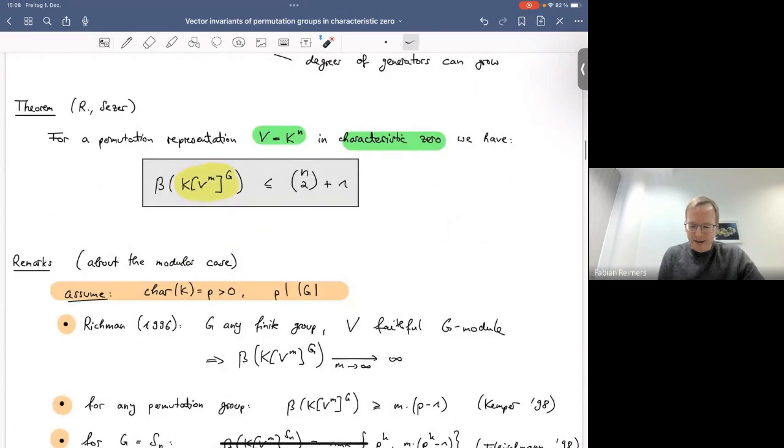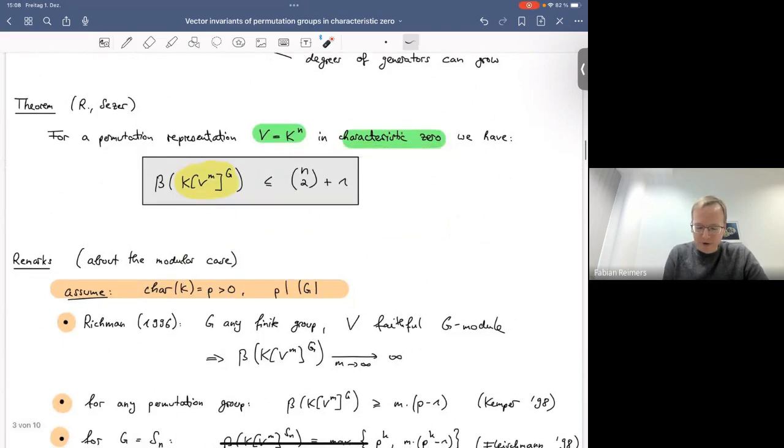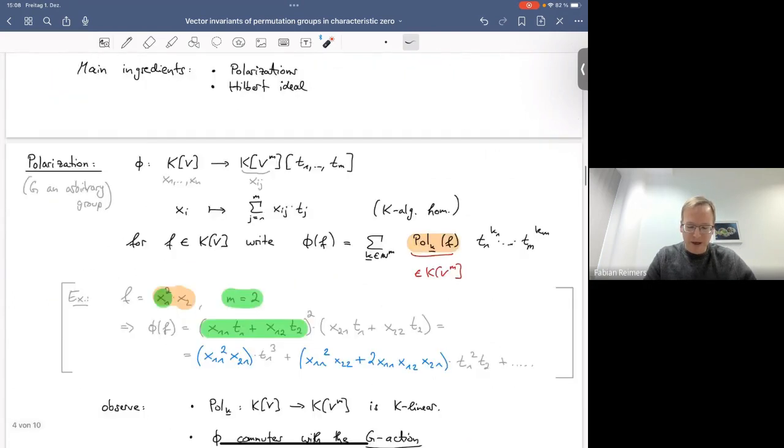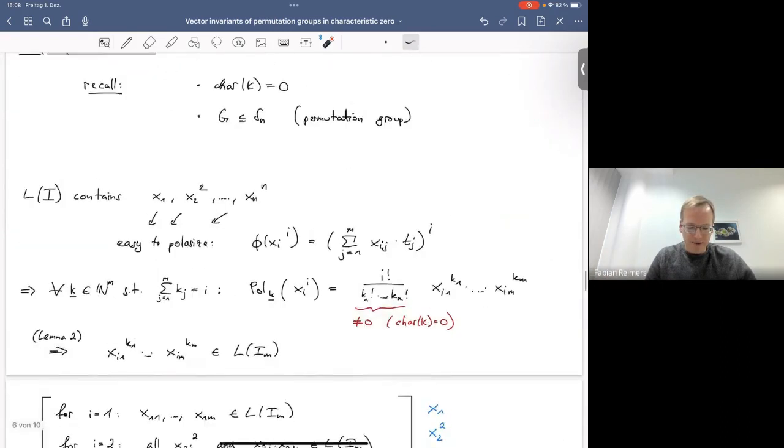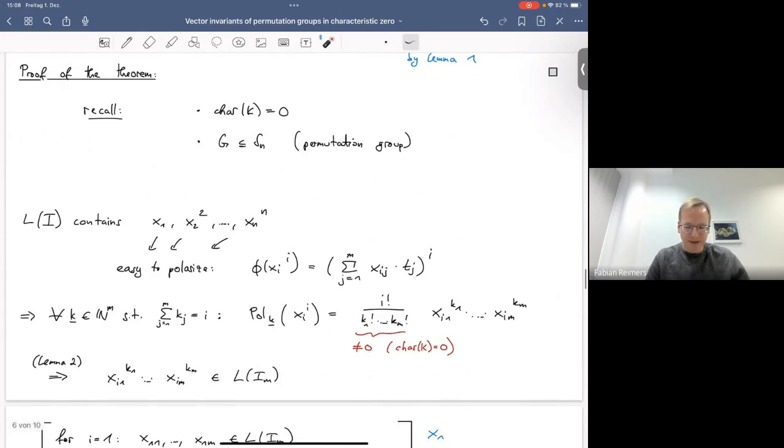We had characteristic 0, and a permutation representation of a finite group, and we look at vector invariants, and then we have this degree bound of n choose 2 plus 1, not depending on the number of copies. We talked about how this is not possible in the modular case, but now we assume characteristic 0.